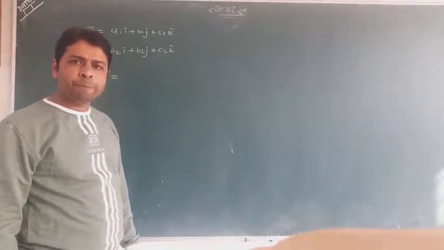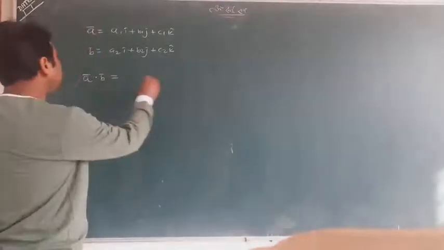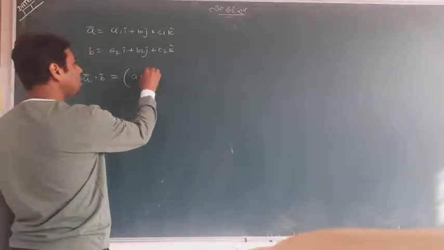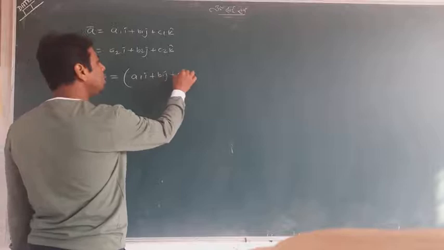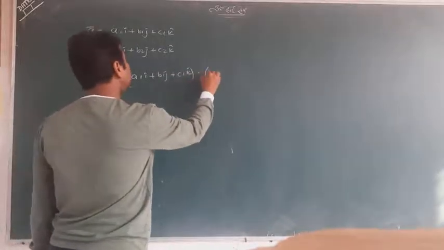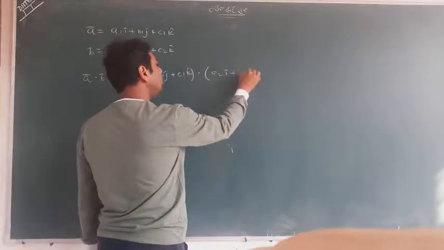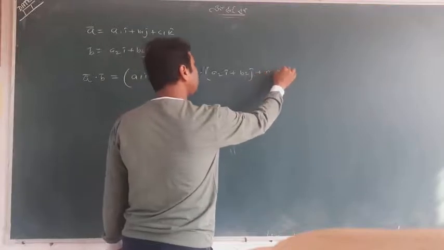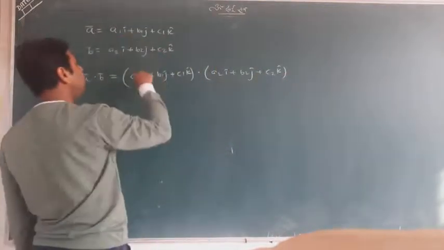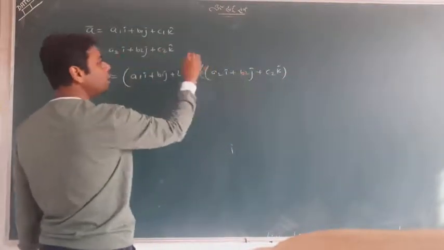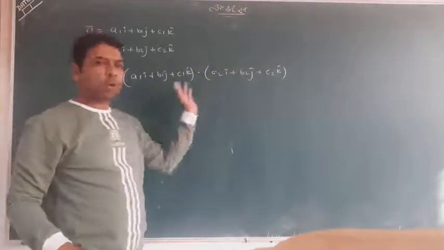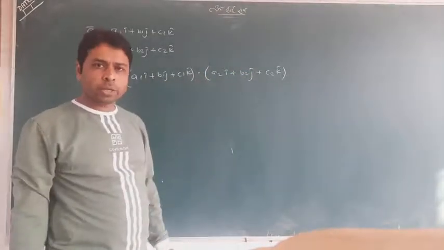We multiply. A dot B is equal to a1 i plus b1 j plus c1 k dot a2 i plus b2 j plus c2 k. I just put the values of A and B and do the dot product. You do the dot product by simple algebraic multiplication, as you know it.